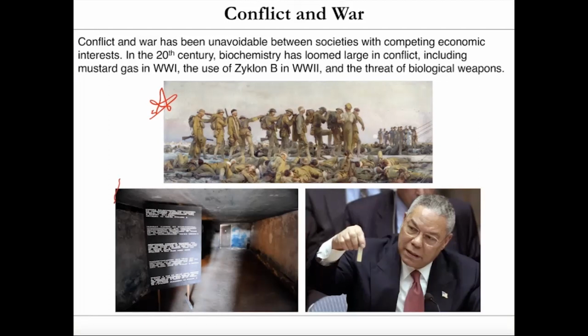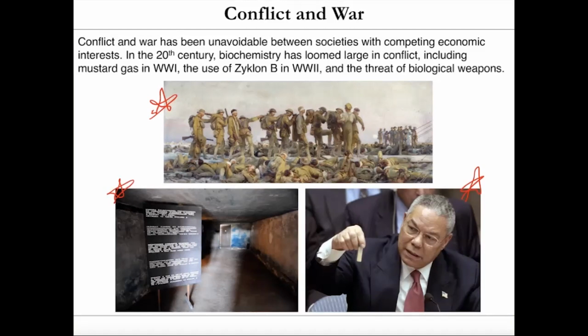Very tragically in World War II, the Holocaust occurred partly with the aid of Zyklon B, which was a chemical developed as an insecticide but was used on human beings in this war. The third picture here is of Colin Powell after the anthrax attacks in, I believe, 2002 or 2003.